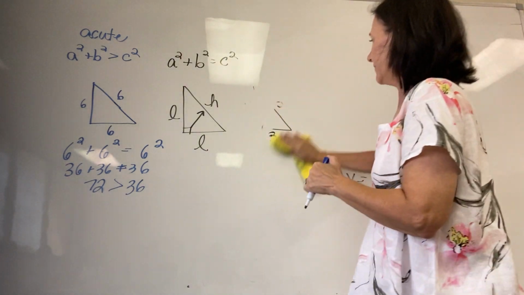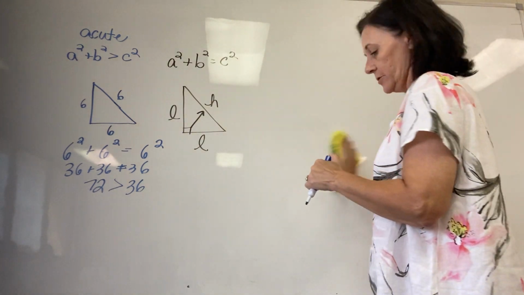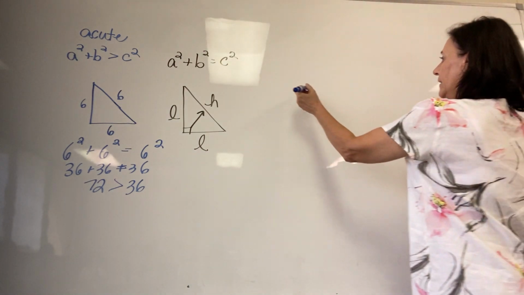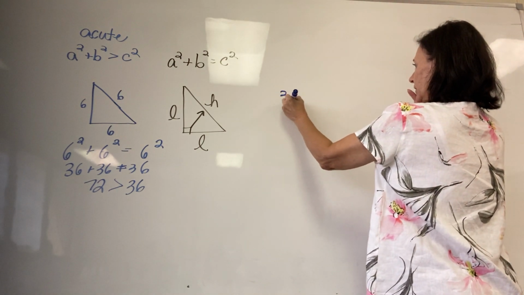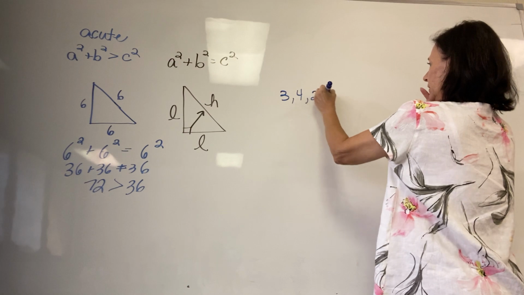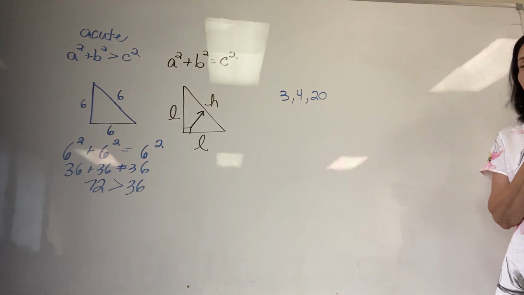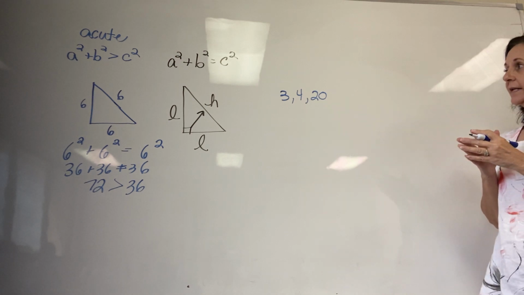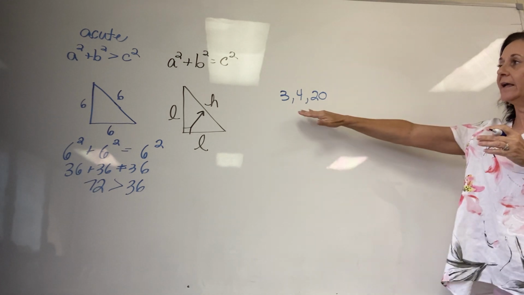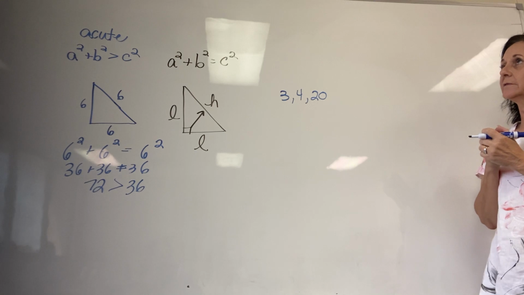Now, what if I had, I'm not going to draw the triangle, but what if my sides were 3, 18, and 20? And I wanted to decide, is that a right triangle?